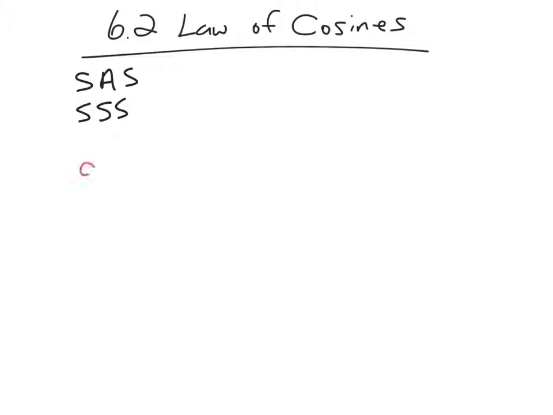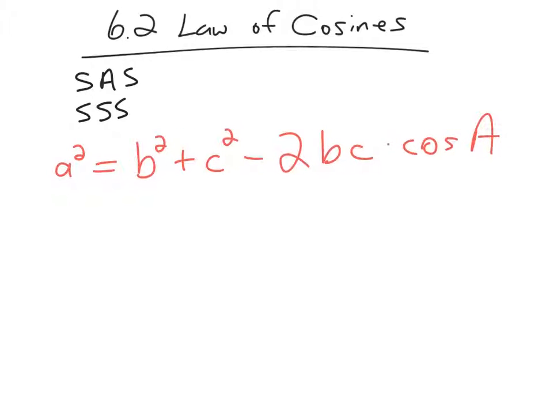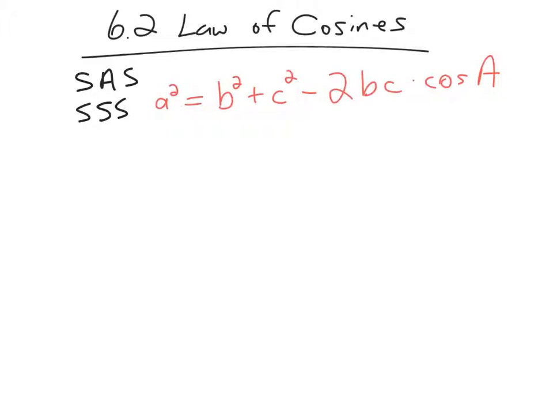The law of cosines is a squared equals b squared plus c squared minus 2bc times the cosine of angle A. So it's a slightly longer formula that, yes, you will need to memorize, but it is actually a much easier one to use, and you'll see that particularly because of the lack of ambiguous case.